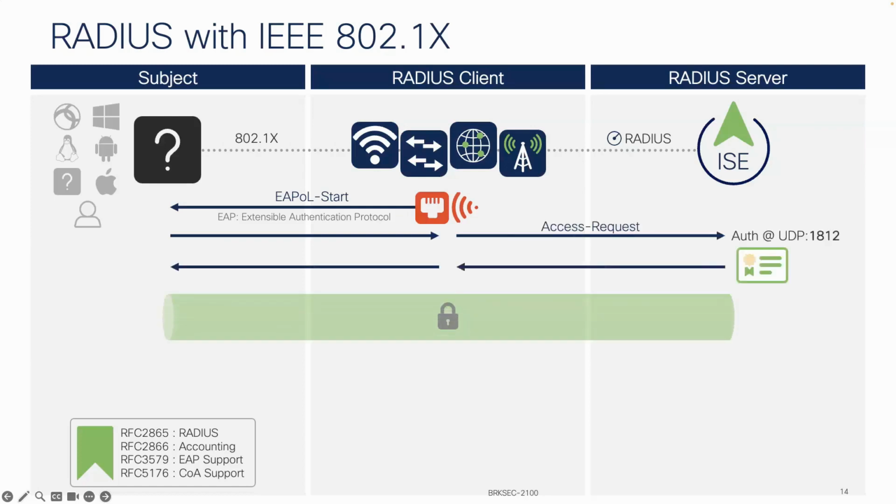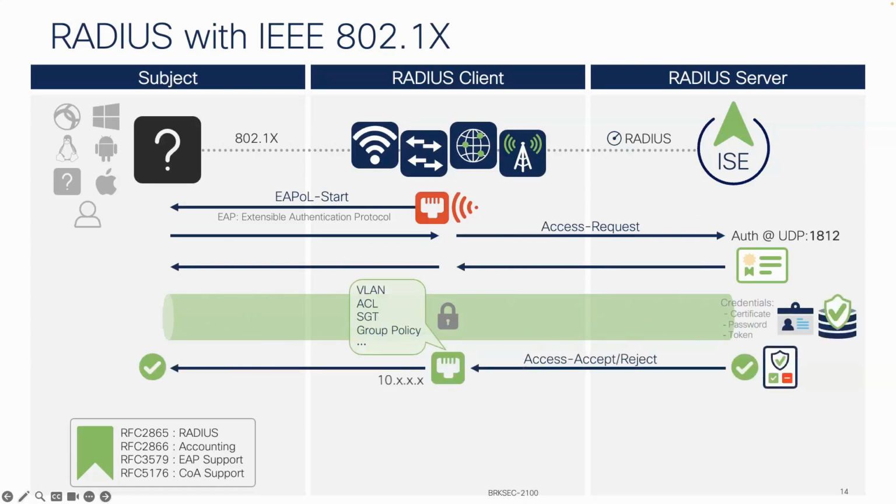Of course, ideally, if it does talk 802.1x, we want to make it secure. So we'll build a tunnel to securely send the credentials over and authenticate them against some kind of backend database, and then say, congratulations, come on in, and we'll enforce that session using VLANs, access control lists, SGTs. The user will get an IP address and be on their way.